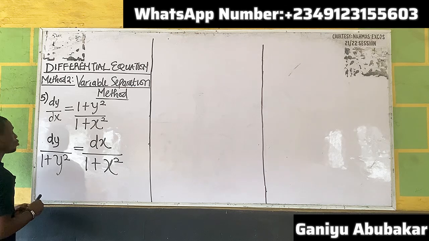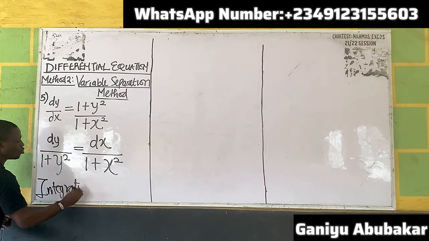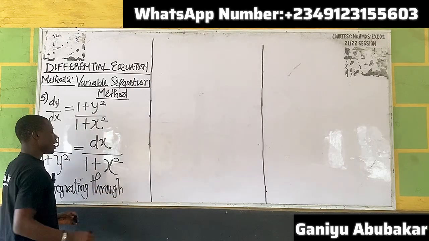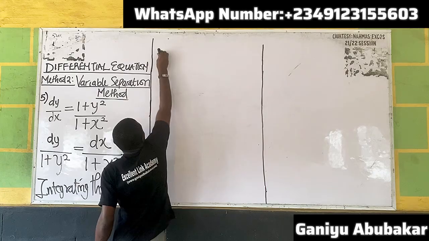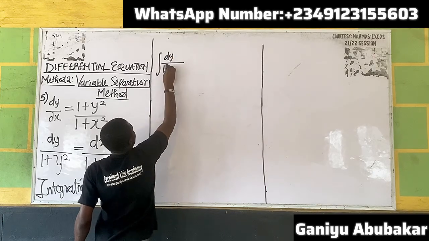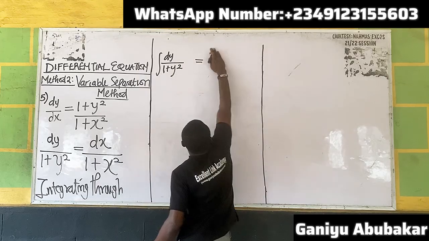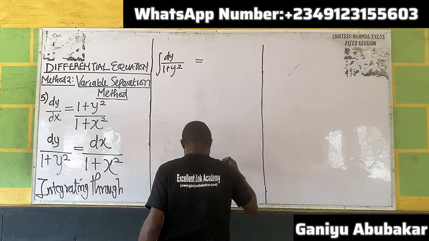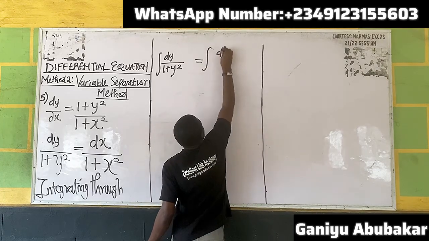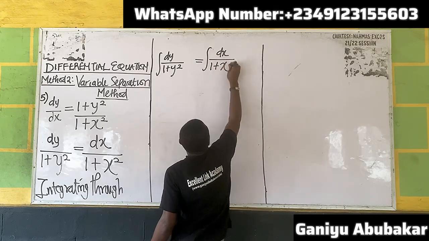Next task is to integrate through. That gives you the integral of dy over 1 plus y squared equals the integral of dx over 1 plus x squared.